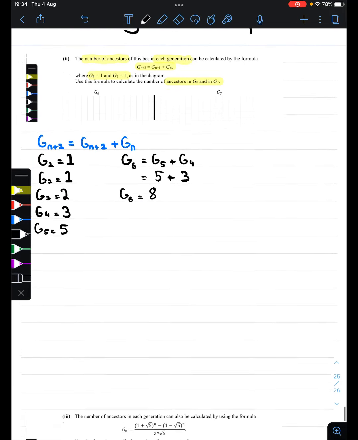And now G7 will equal G6 plus G5. G6 we just calculated as 8, and G5 is 5. So G7 equals 13.